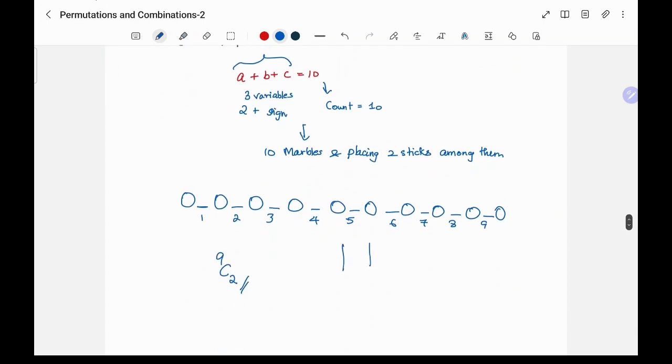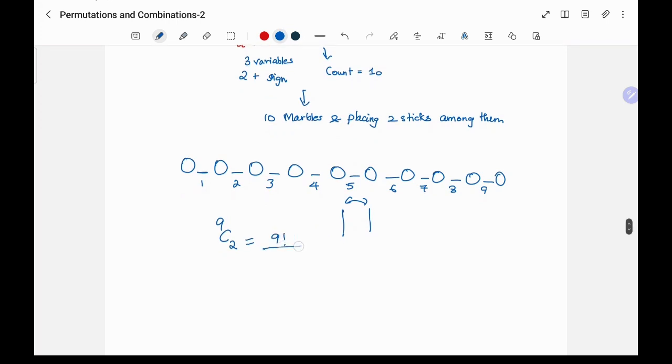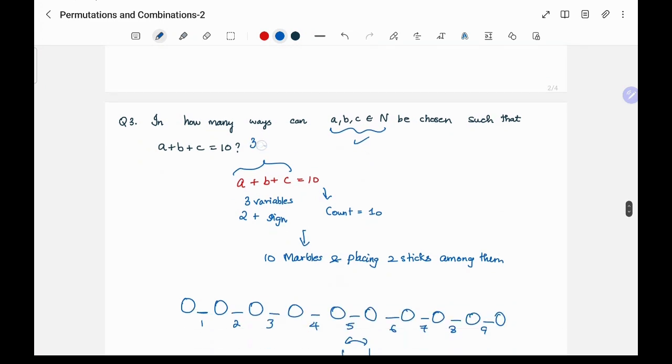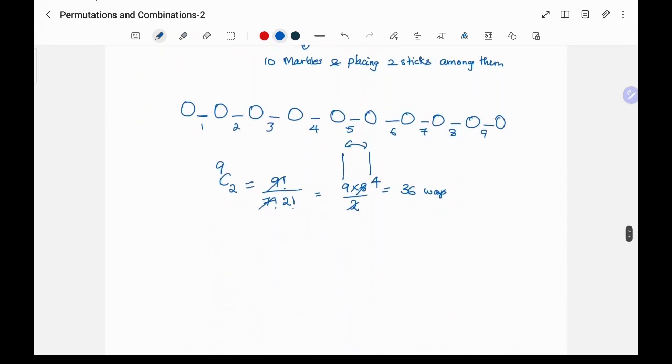So this will exhaust all possibilities. We needn't switch between the sticks because we are not actually counting the sticks. We are only seeing how many marbles are there in the 3 groups that these 2 sticks provide. So this 9C2 will be the entire count itself. So what will this be equal to? 9 factorial by 7 factorial into 2 factorial, which is nothing but 9 into 8 by 2, 9 into 4, which is 36 ways. So this answer is 36. Okay.